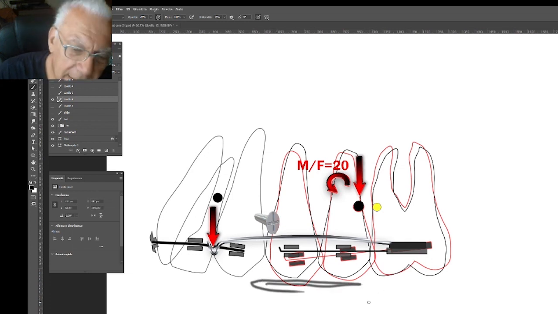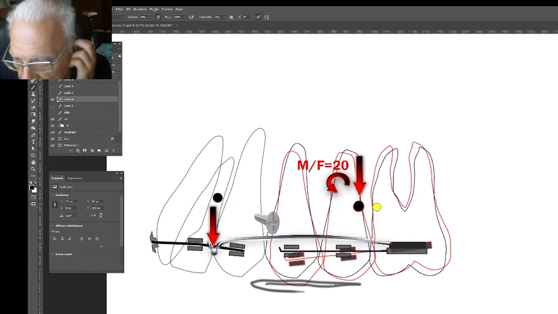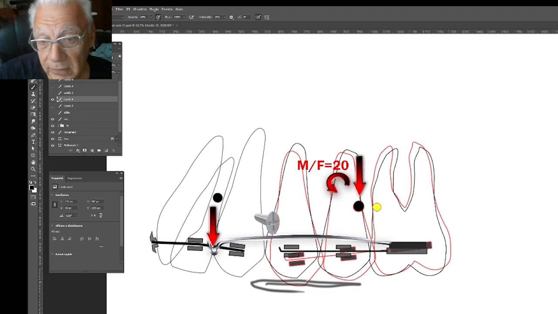Then in that case, I would say, well, I want to prevent problems here. Or you have a patient who is extremely hyperdivergent, so a high angle case, and you don't want to risk any increase of the vertical.